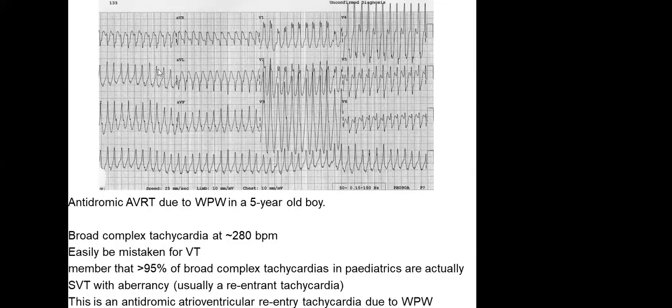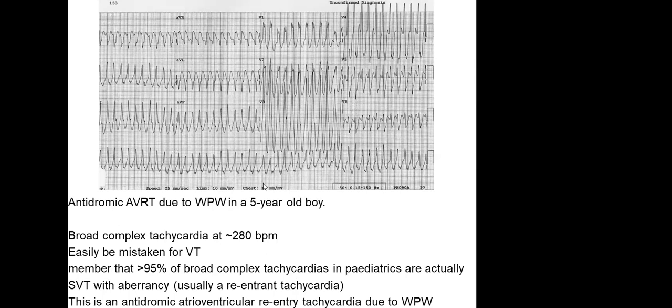Now, what is this? In this, there is antidromic AV reentrant tachycardia, in a 5-year-old. We can see that we have a broad QRS complex. And when we talk about broad QRS complex, it is more than 4 small squares. Each of us can mistakenly say that this can be VT.